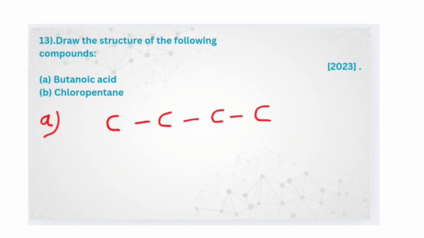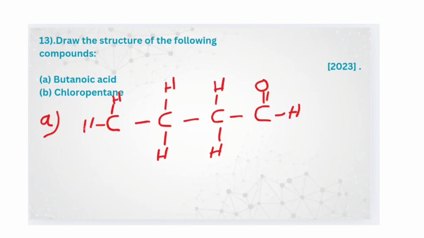Then the functional group is oic acid, that means acid, at the first position. Then add the hydrogen atoms. Here 2 hydrogen atoms, here also 2 hydrogen atoms, and the terminal carbon contains 3 hydrogen atoms. So this is the structural formula of butanoic acid.